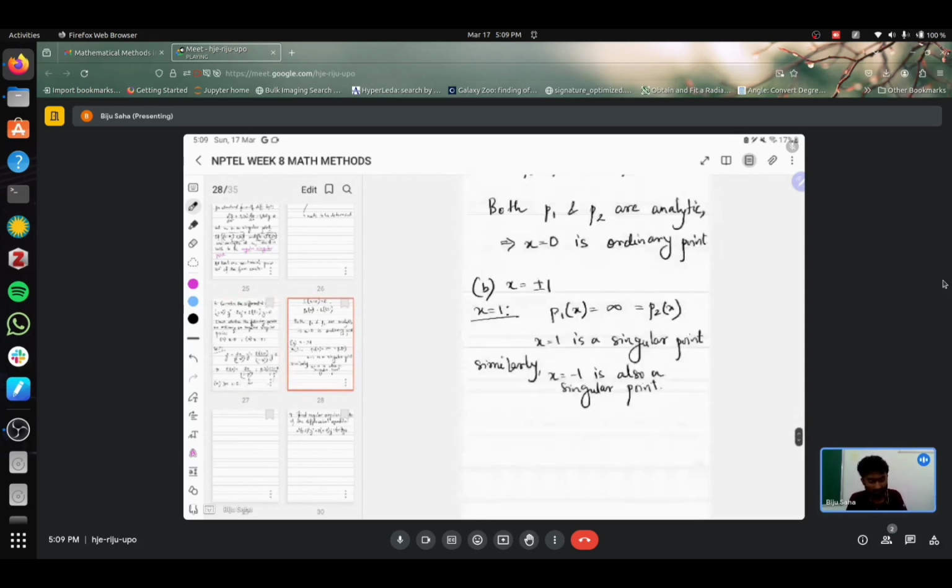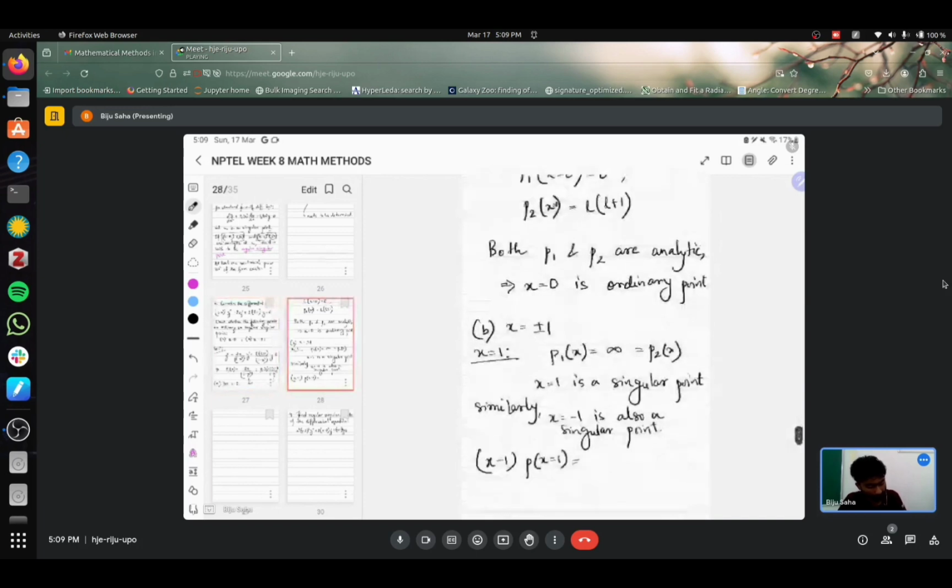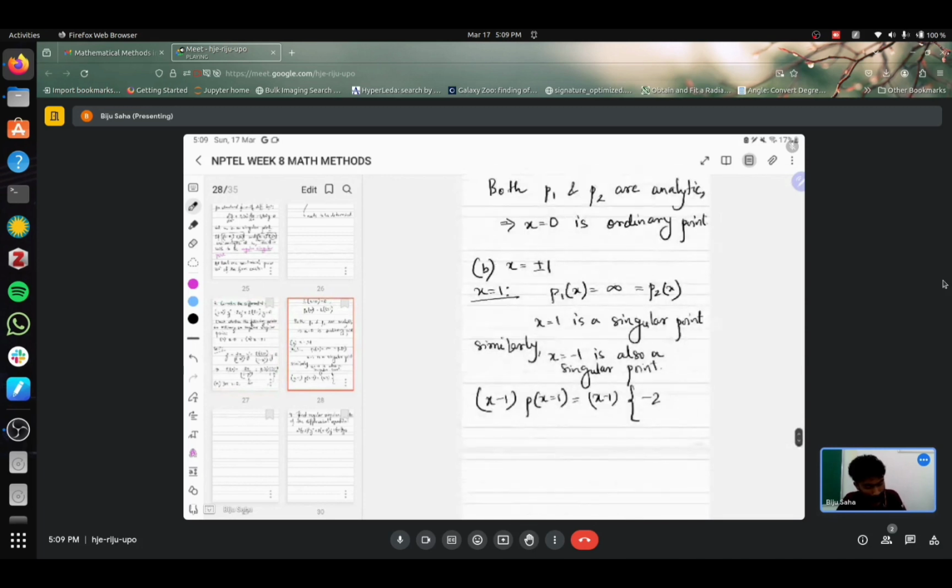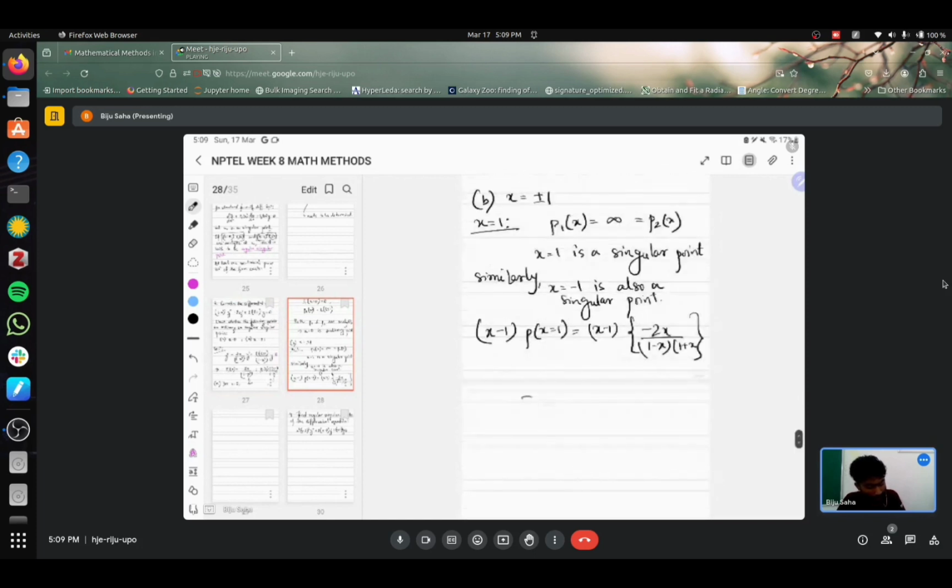But now let us check whether they are regular singular or irregular singular. For that let us check the value of (x minus 1) P1(x) at x equal to 1. At x equal to 1, this is equal to 1.